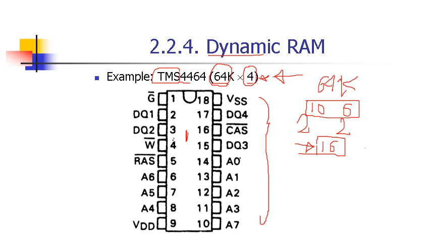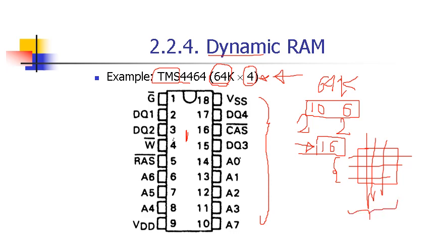This is why they now distribute the memory into columns and rows, and you give an address to access a row and another address to access a column. This is why you need a lesser number of bits.